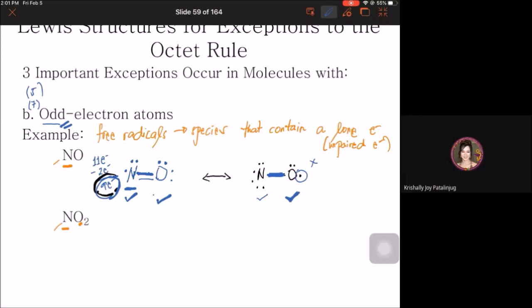So we apply the 5th step in writing the Lewis structure. There is only one neighboring atom, so we make it a bonding pair.